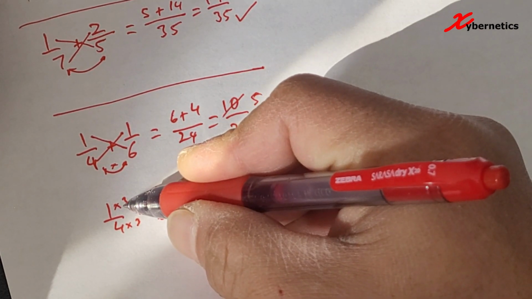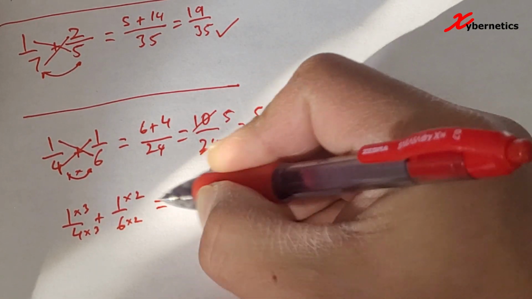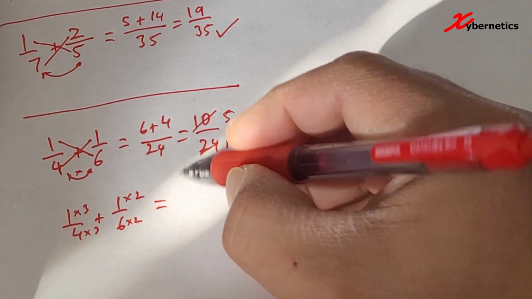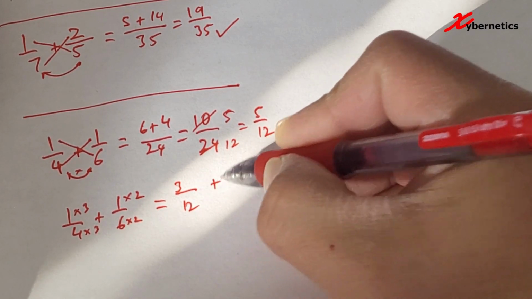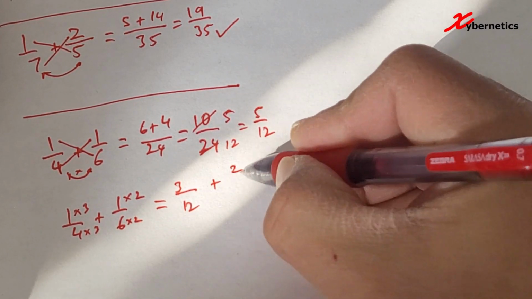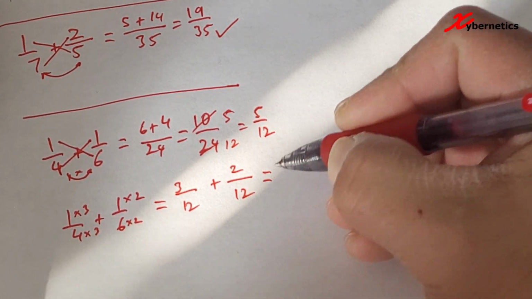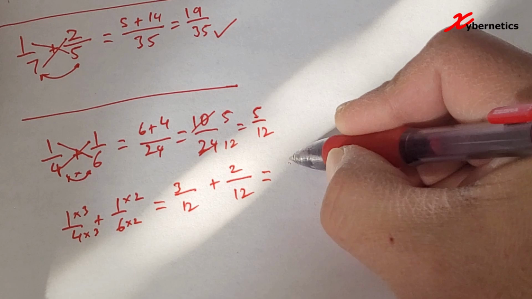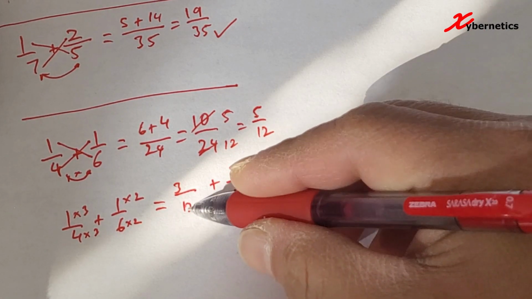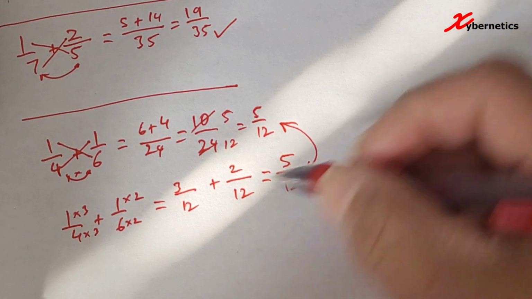So you multiply this by 3, and this one by 2. If you rewrite this, 1 times 3 gives you 3, 4 times 3 gives 12, plus 1 times 2 is 2, 6 times 2 is 12. At this point, you can simply add 3 plus 2, which gives you 5, and 12 just copies over. As you can see, the answer is exactly the same, but it's much cleaner.